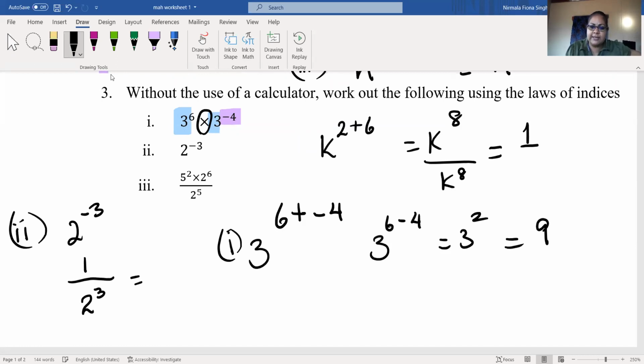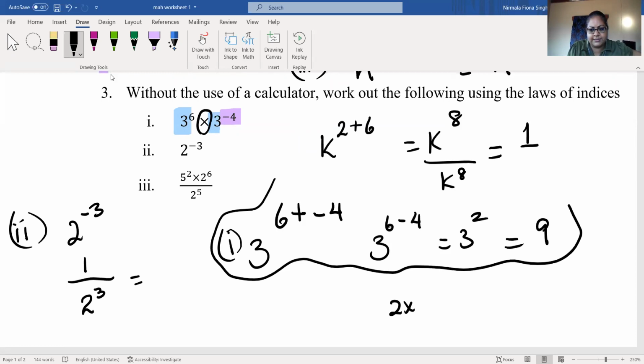It's 2 by 2 by 2, which is equal to 8, which is equal to 1/8. I'm trying to teach you here how to learn to identify numbers that are related to each other.